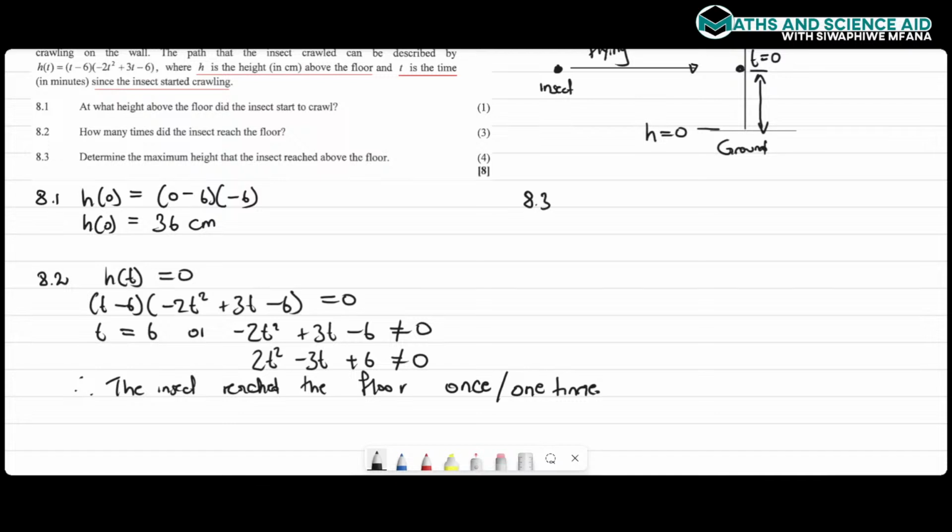And then we have 8.3. And 8.3 is asking us to determine the maximum height that the insect reached above the floor. Now for this one, we need to work out the first derivative and equate it to 0, all that stuff.